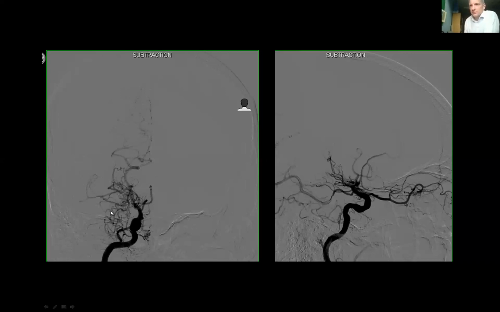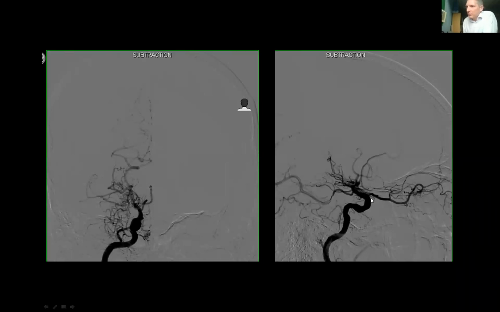It would bifurcate here into MCA and ACA. Yeah, and we're not really seeing that, are we? It's just a bit of a jumbled mess essentially. But in terms of describing it, you're right. It's an AP view of a right-sided carotid injection, and then the lateral can give us some more clues. So as we come up, what branches might you expect to see? That's the ophthalmic. Yeah, that's right.